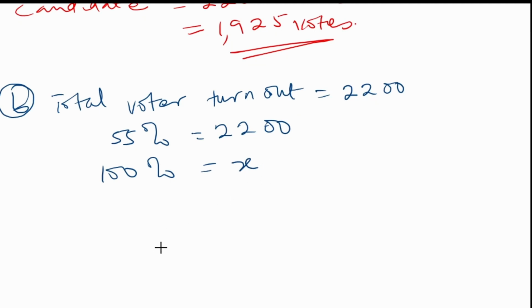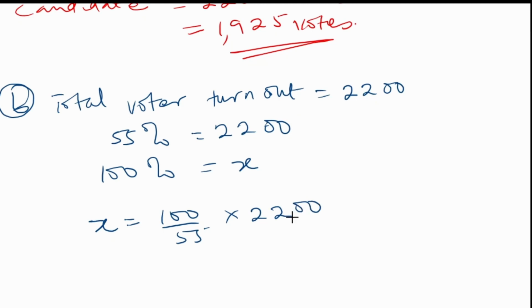And again, comparing, if 55% of the total voter turnout is 2,200, will 100% be more than 2,200 or will it be less? I'm sure you are saying it will be more. So if more, let's divide. That means you are going to have 100 divided by 55, because 55 is less than 100, times 2,200.